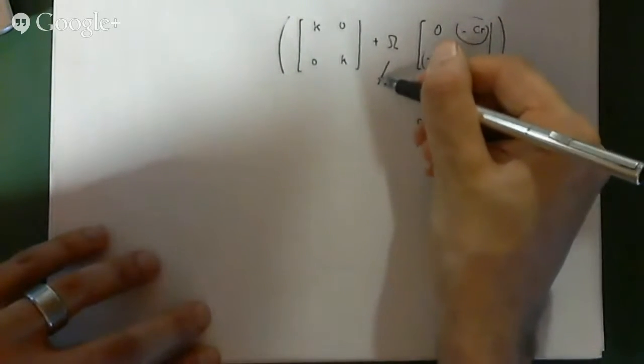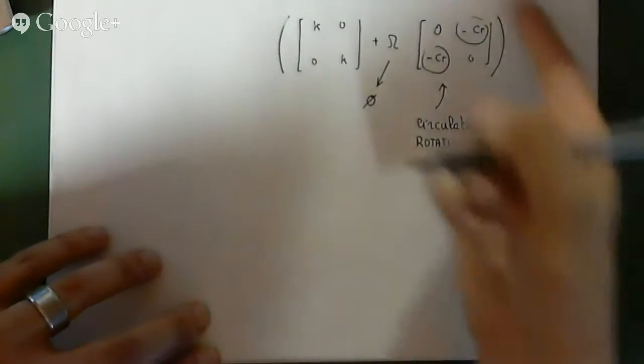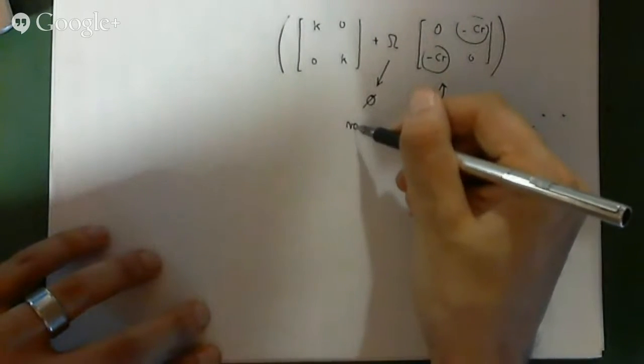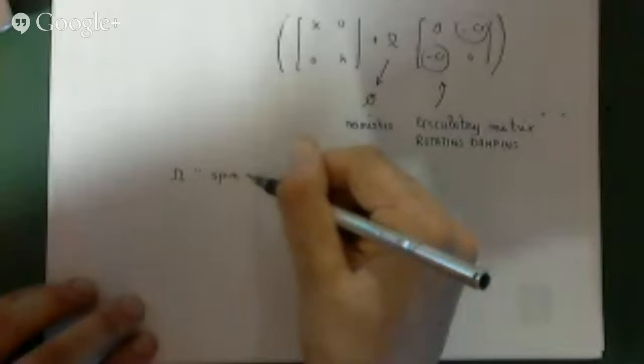When the spin speed, omega, goes to 0, the circulatory matrix vanishes.